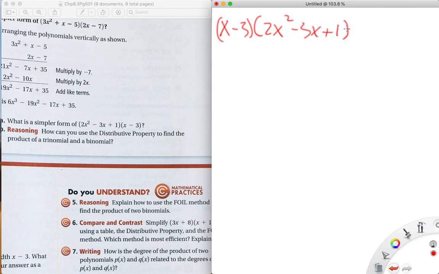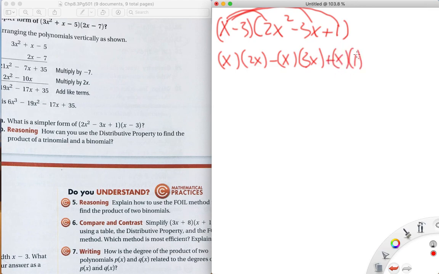I use the distributive property. And I say that I can multiply everything inside by everything outside. So for the first part, I can multiply x times the 2x squared, x times the negative 3x, and then x times the 1. So it's going to be x times 2x squared, minus x times 3x, plus x times 1, right?